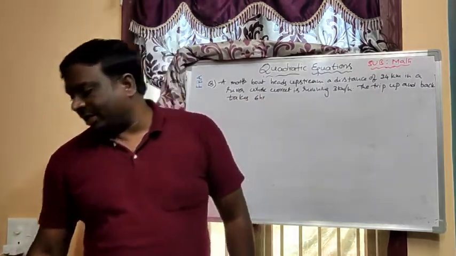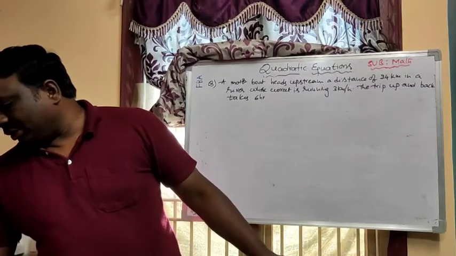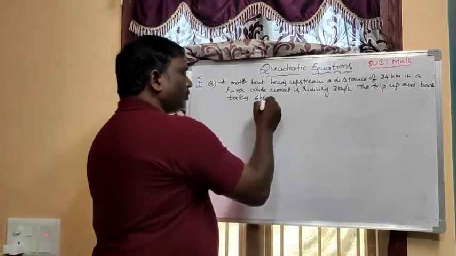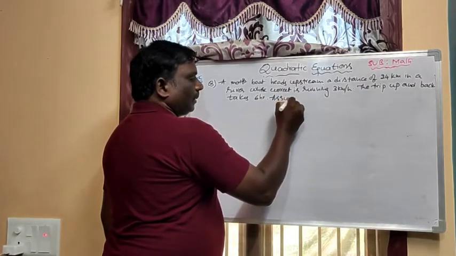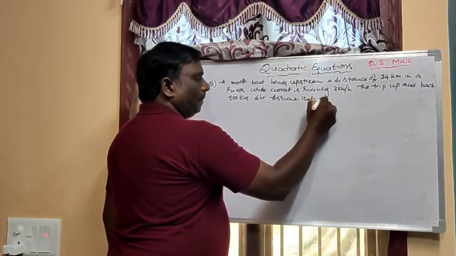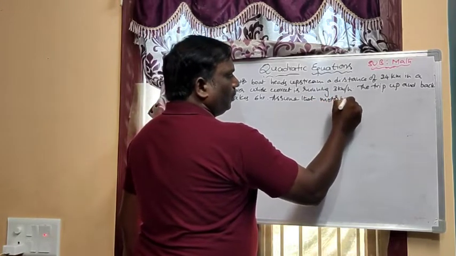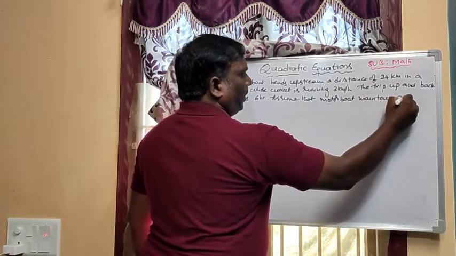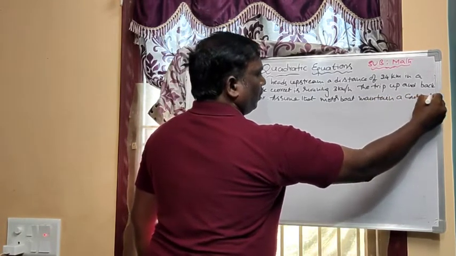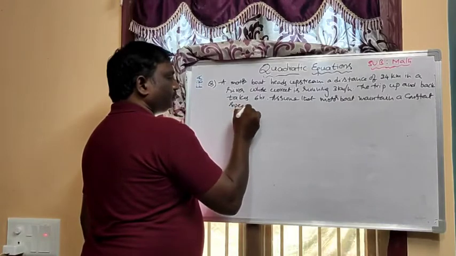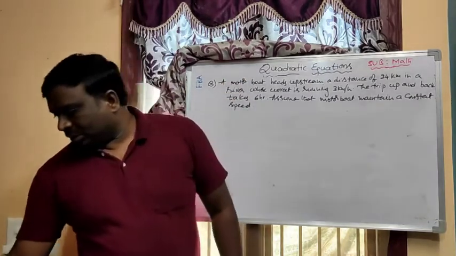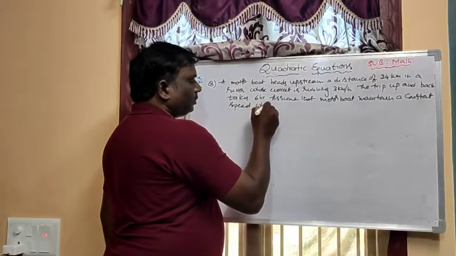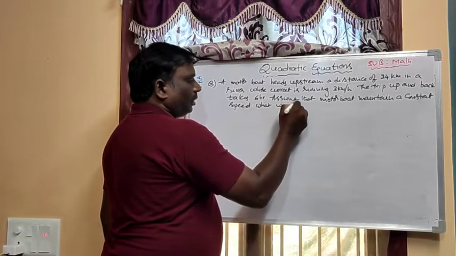Assuming that the motorboat maintains a constant speed. And what was its speed?